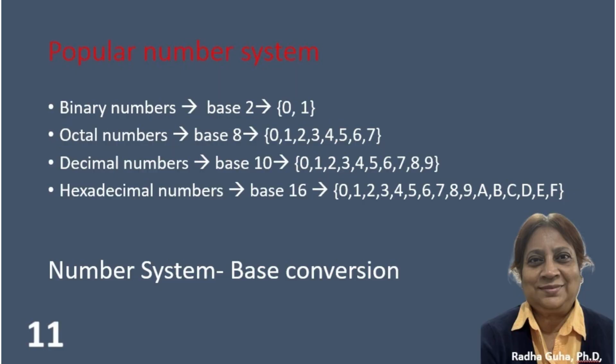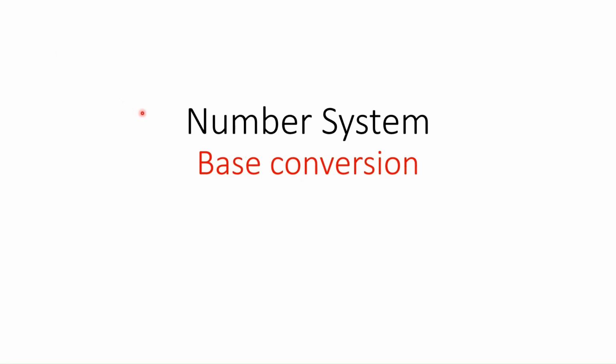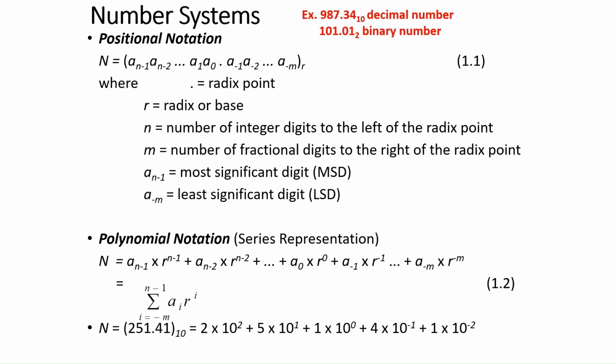Hello everyone. In this lecture, I am covering the number system and particularly the base conversion between different ways of representing numbers. A number is represented with its positional notation.